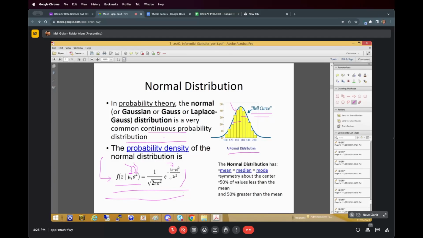So that means this is one of the familiar equations. For a standard normal distribution, that means a complete normal distribution, you will get the mean, median, and mode equal, and it is symmetric about the center. So it means that 50% of values we will get on this side, and 50% of values on this side.